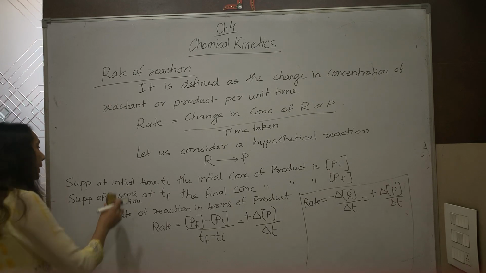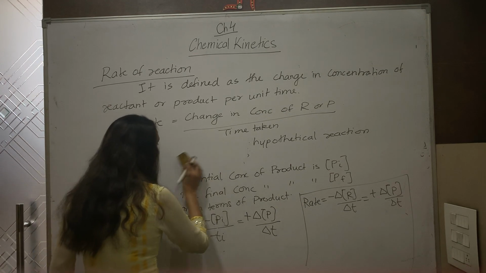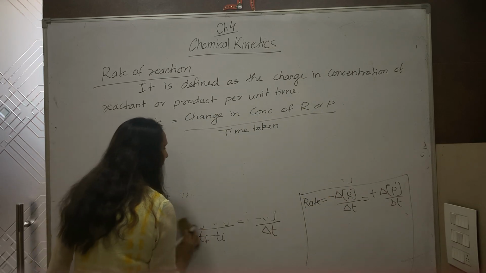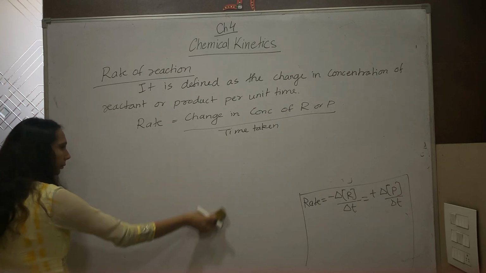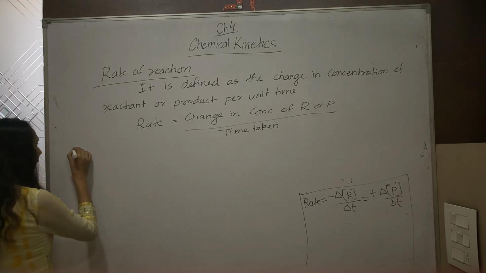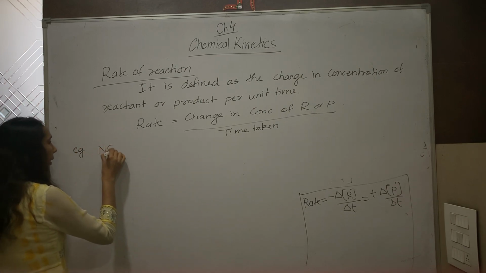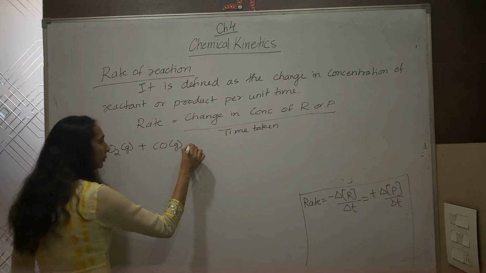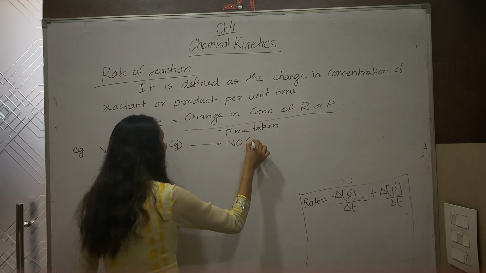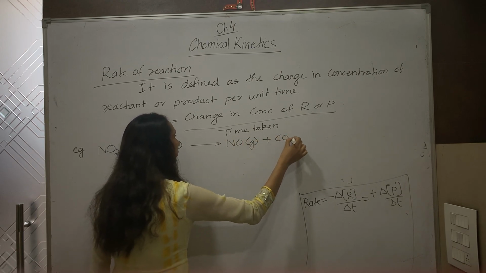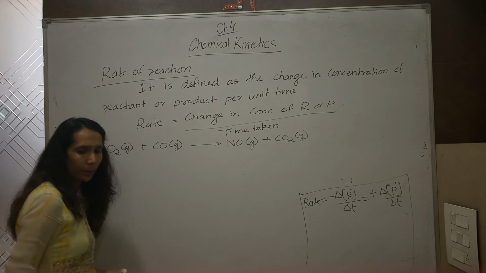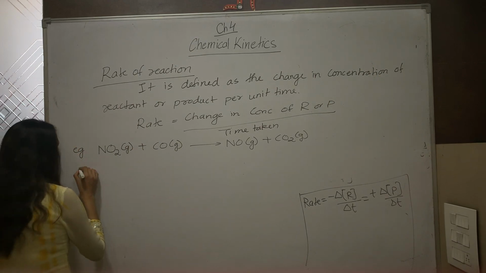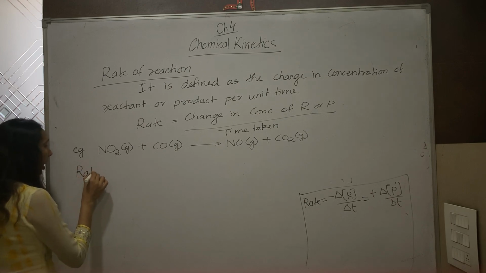Now let us take an example and write the expression for rate of reaction. Let us take this reaction as an example: NO2 plus CO. Now we want to write the rate of reaction in terms of reactant and product.